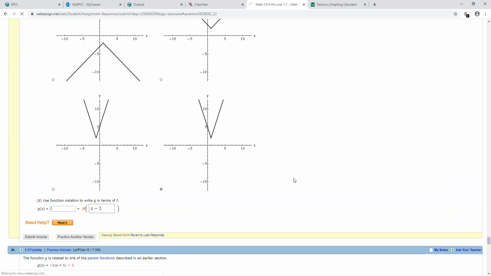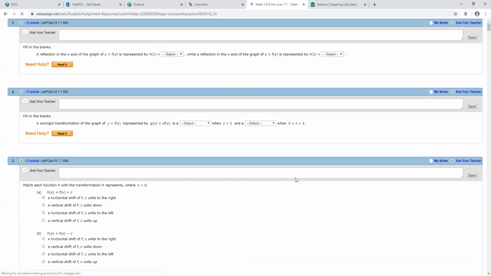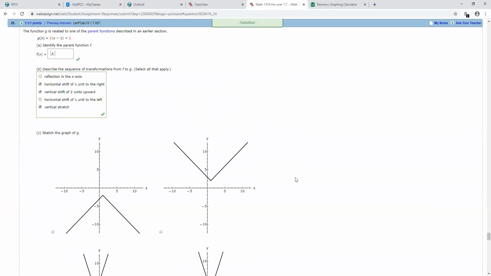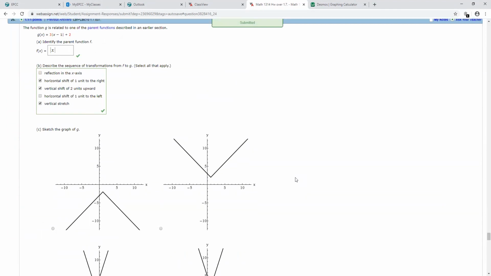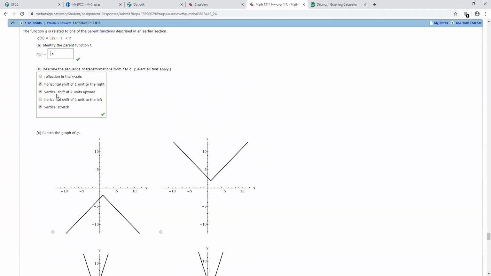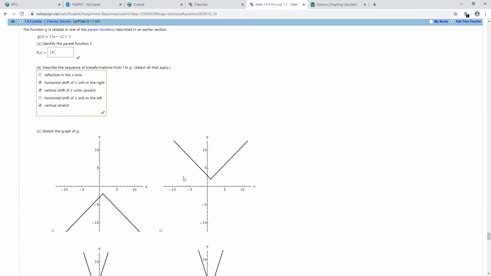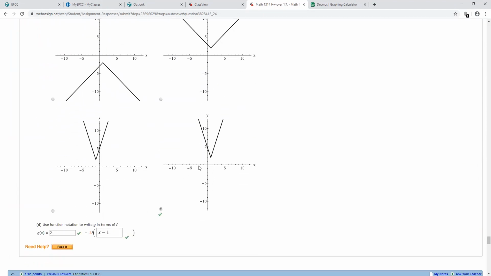And check. We're correct on the parent, we're correct on the transformations, we are correct on matching the graph, and we are correct on writing it in this function notation, not putting the specific parent function, but keeping it as f of x form.